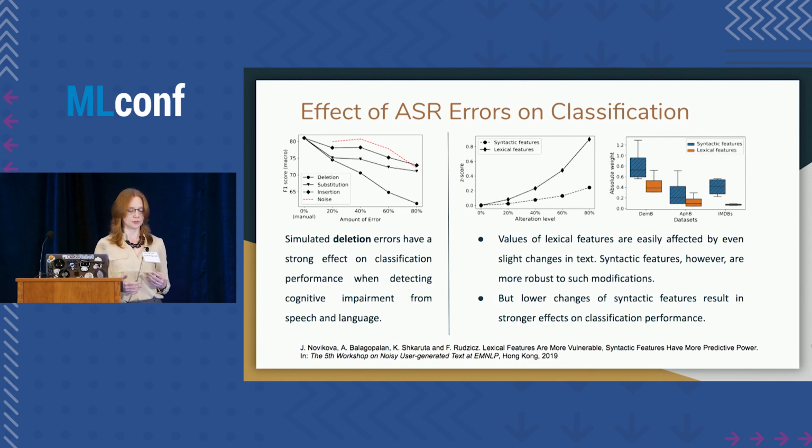Syntactic features seem to be robust to such modifications. The change of syntactic feature values is quite small, while the change to lexical features is very high. It is almost an additional standard deviation to the original value.